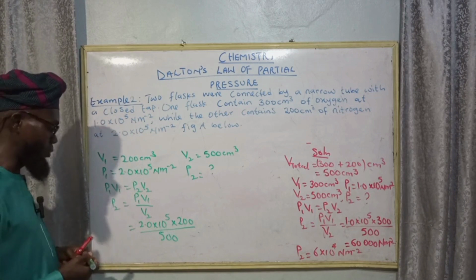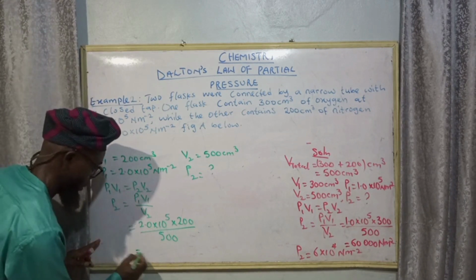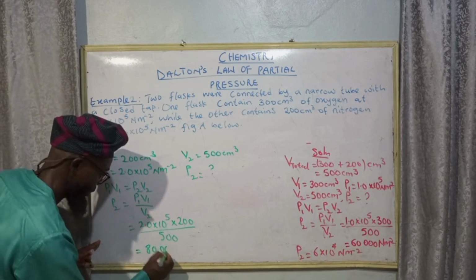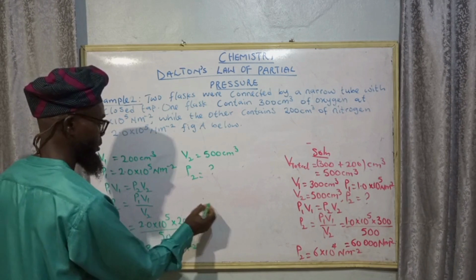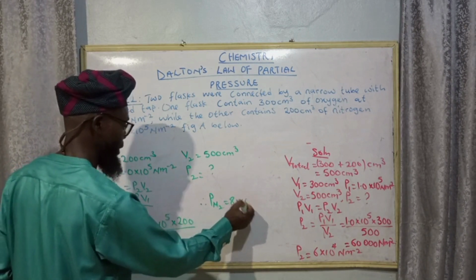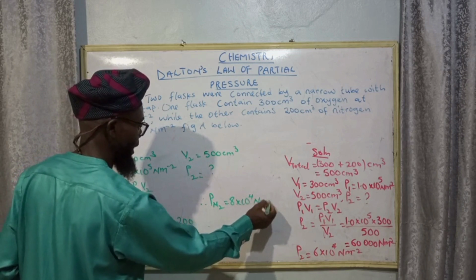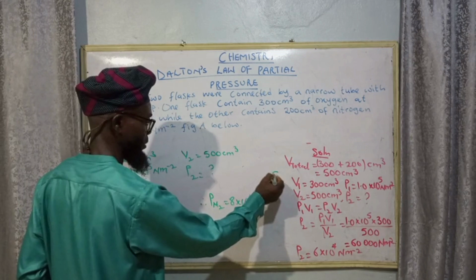So, what do we have? We have 80,000 Newton per meter square. Therefore, the partial pressure of nitrogen will be 8 times 10 to the power 4 Newton per meter square. So that is for question A.